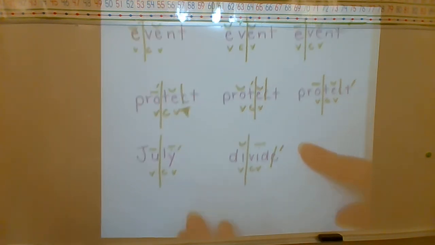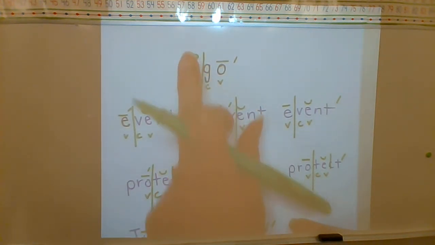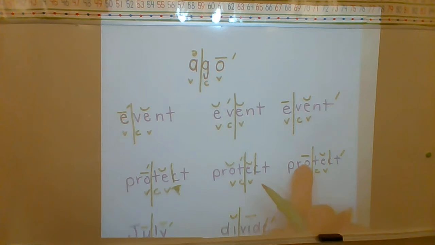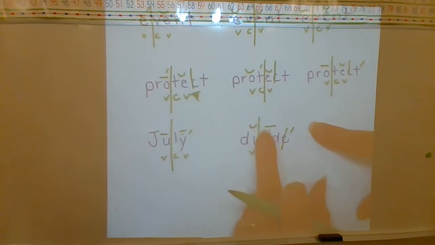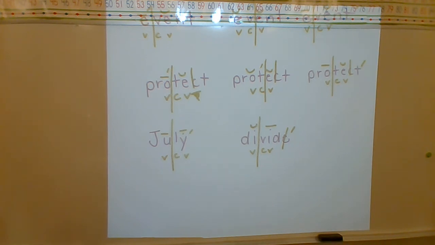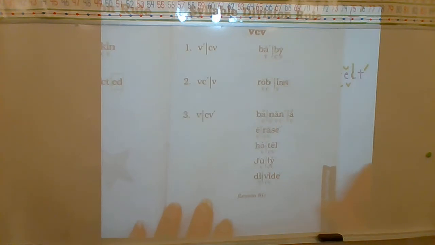So what did we learn from this lesson? That A makes a schwa, E, O, and U make their long sound, and I is making its short sound. We find this rule in our books on page 53.